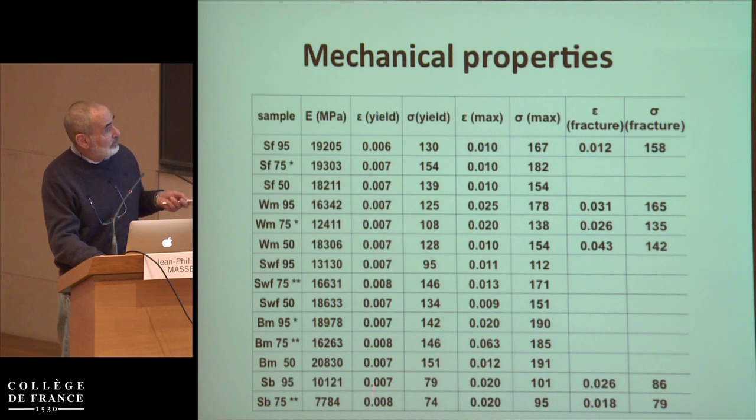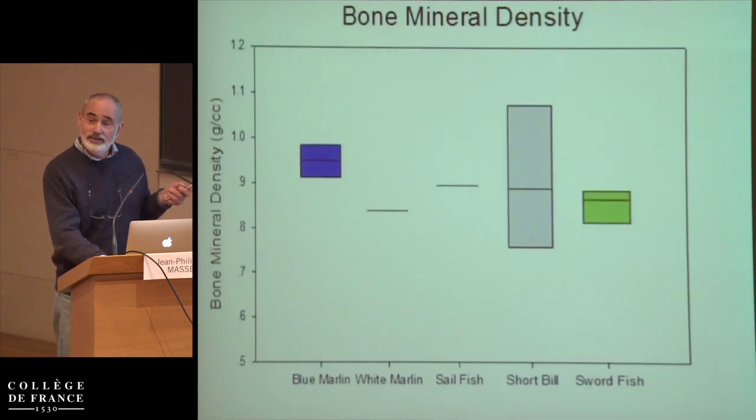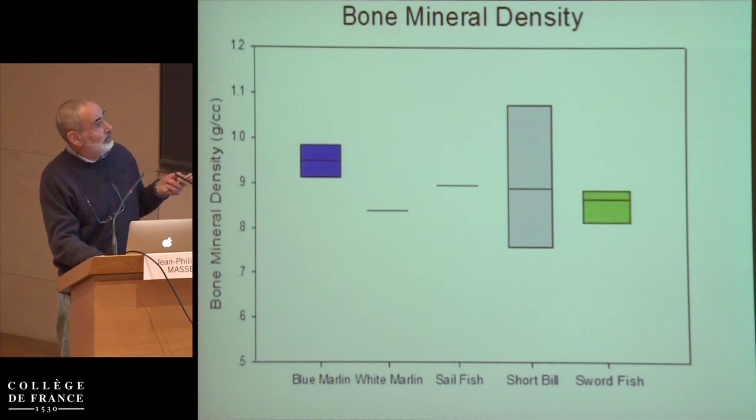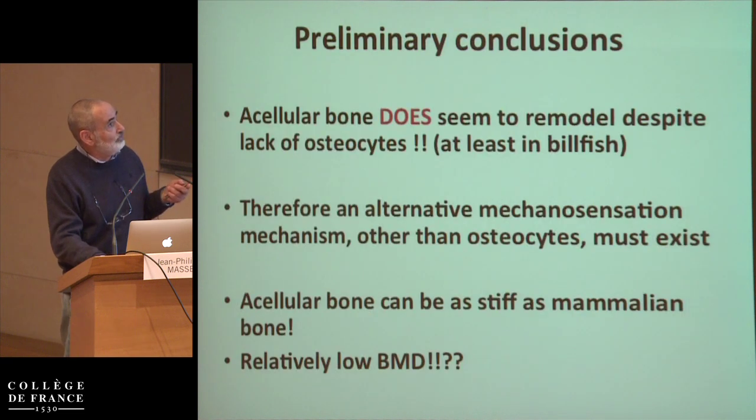As you can see, the yield is the same as in mammals, about 0.7%, and the stress at yield is also similar, and you can see that many of them, like other fish, we were not able to get to fracture, though some of them we did. Mineral, again, like in the other fish, is less than 1. Small sample size, but still it goes along with what we've seen before.